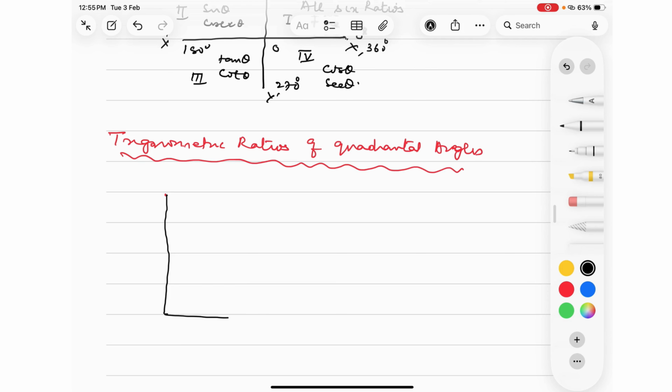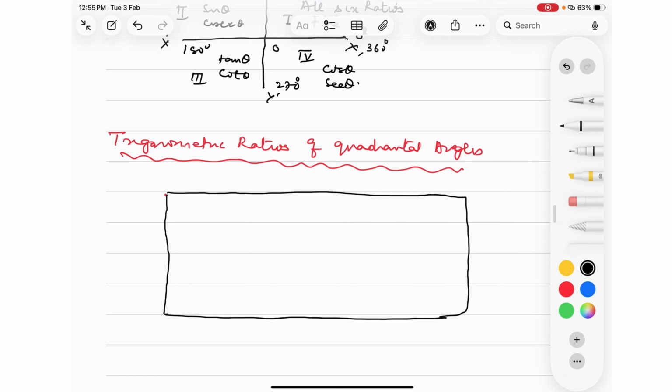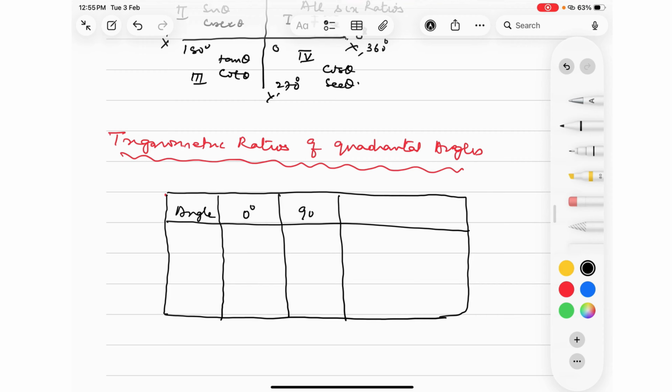In the first row, let us write the angles: 0 degrees, 90 degrees, 180 degrees and 270 degrees.